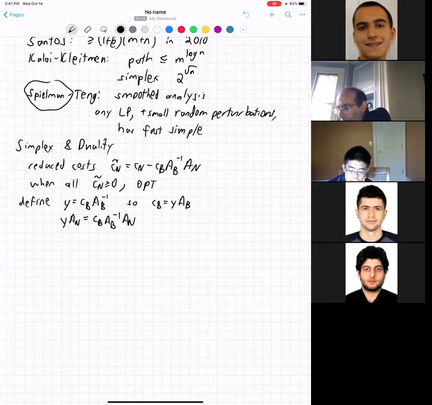So in particular, I just want to get my dimensions right. Here, Cb AB inverse times An, that's equal to Cn minus Cn tilde, right?